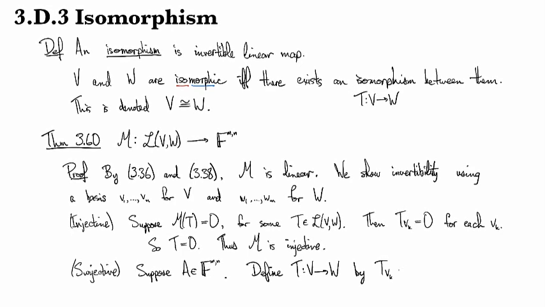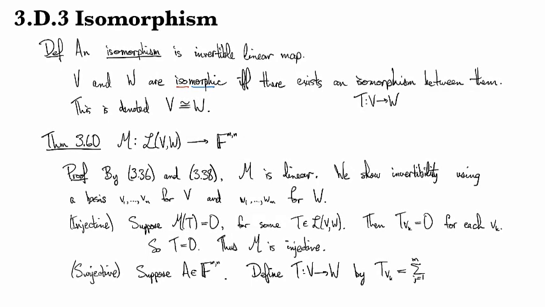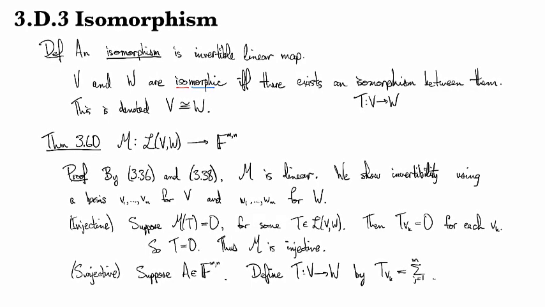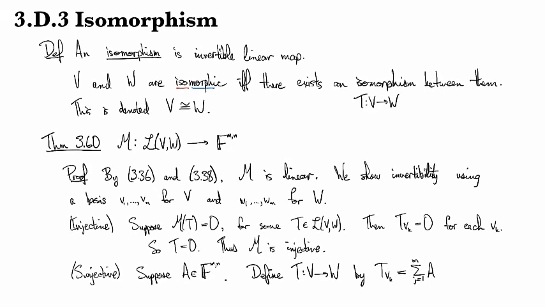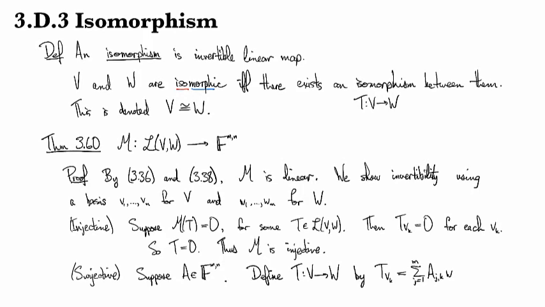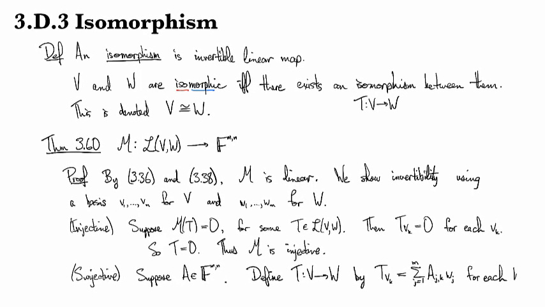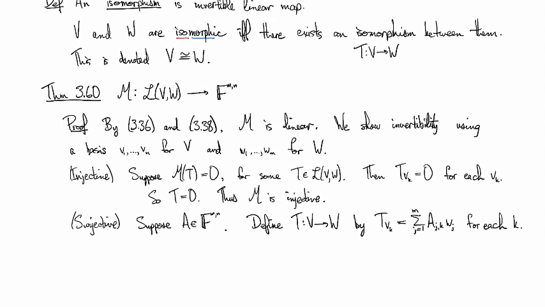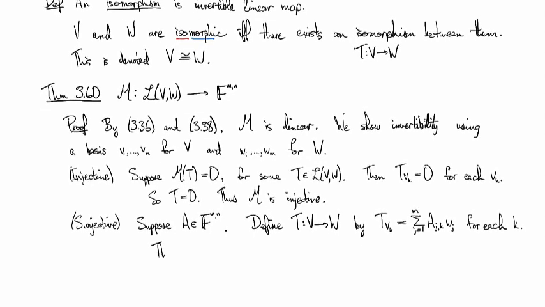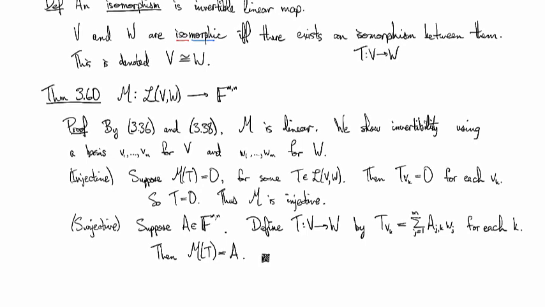T V_k, we define that to be, in terms of the matrix, the sum of the A_jk times W_j for each k. Then the matrix of T will be equal to A. And that's it. Boom, we're done. So it's real straightforward.